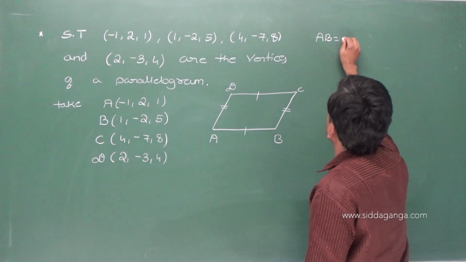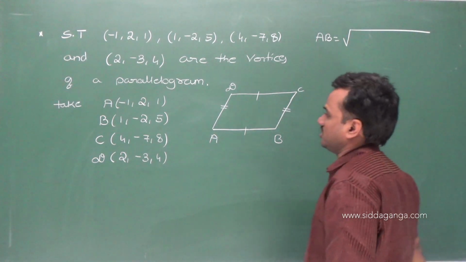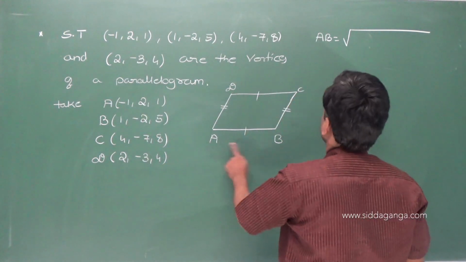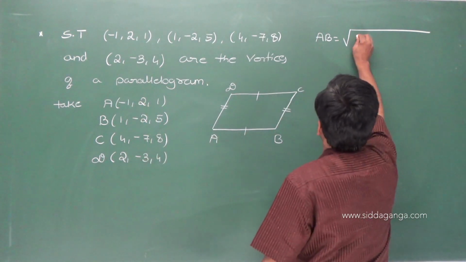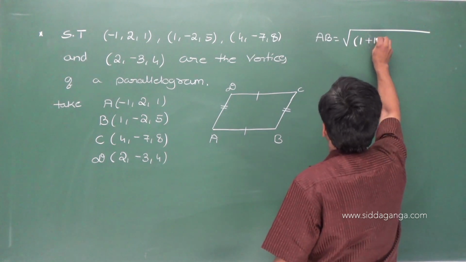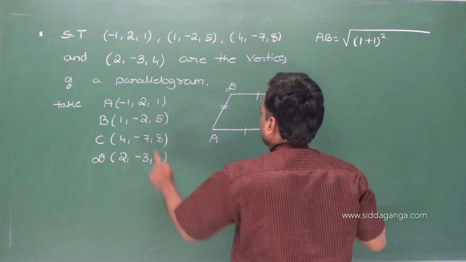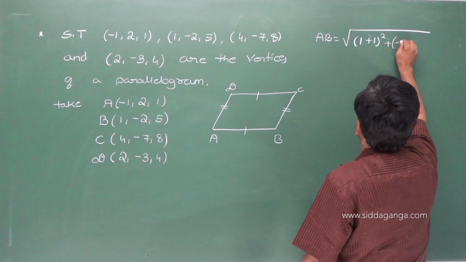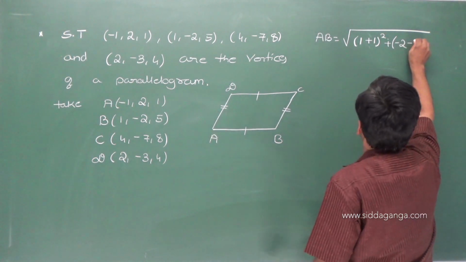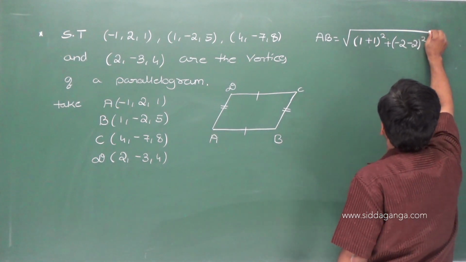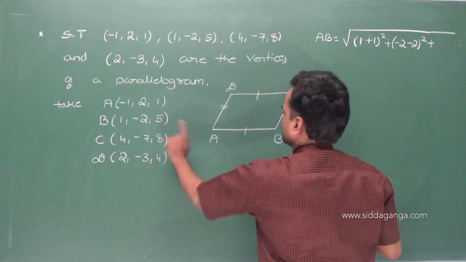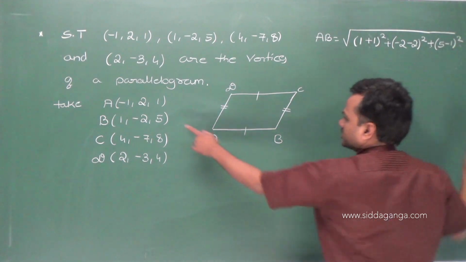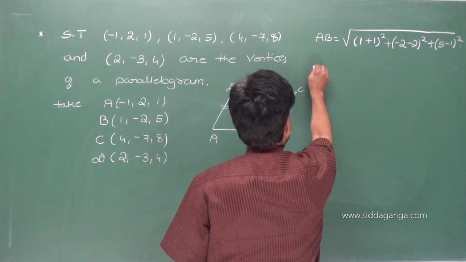A to B is the square root of (x2 minus x1) whole square, the formula from the last class. So (1 minus of minus 1), that is (1 plus 1) whole square, plus (y2 minus y1), that is (-2 minus 2) whole square, plus (5 minus 1) whole square, that is (z2 minus z1).